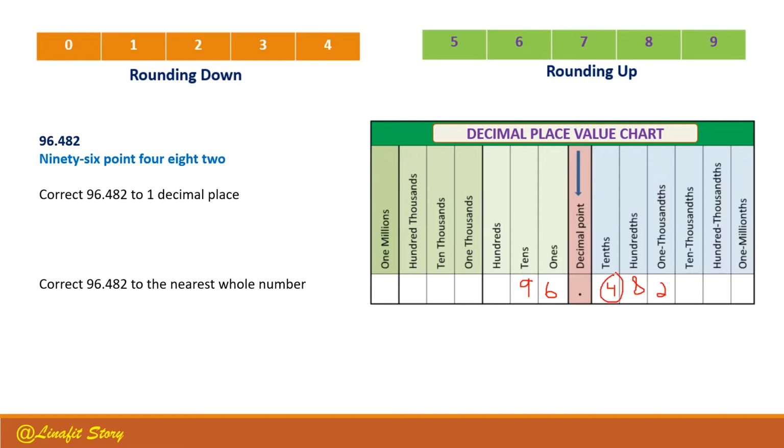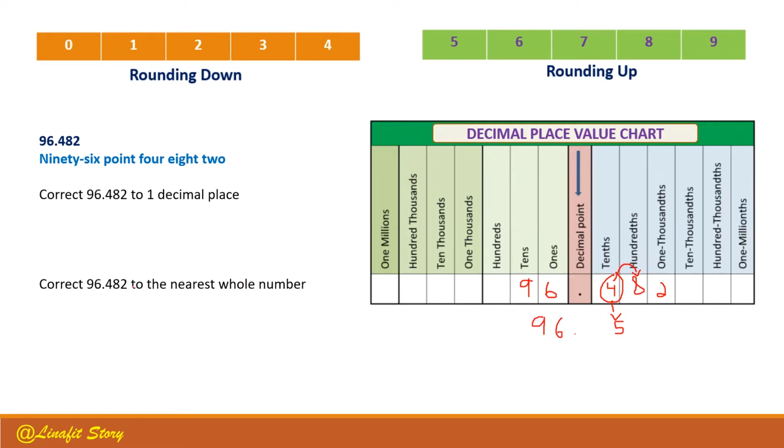And after that, the next digit on its right is 8. So round up by adding 1 to the digit in the 10th place. So 4 plus 1 is 5. And don't forget, do not add 0 after the first decimal place. So the answer is 96.5.